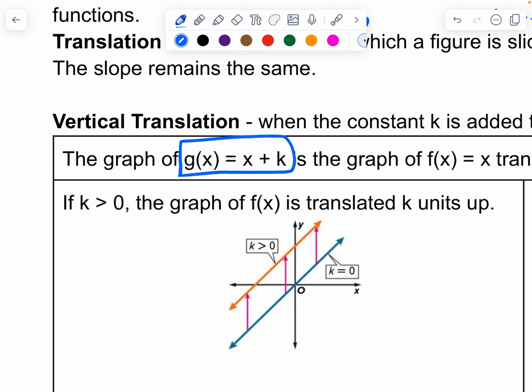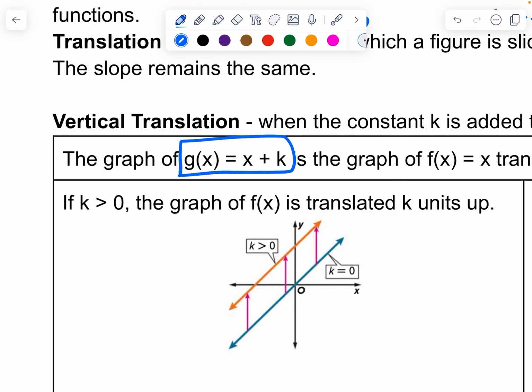So if I'm talking about f of x, oh, you know what? I should do that in a different color. F of x is here. This is always f of x for linear. Then I'm going to do negative 1, negative 3.